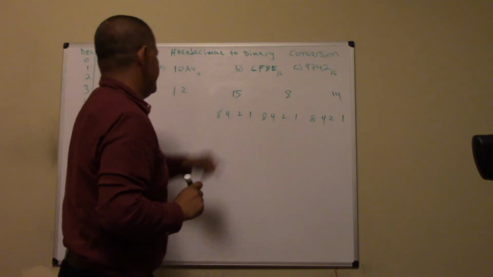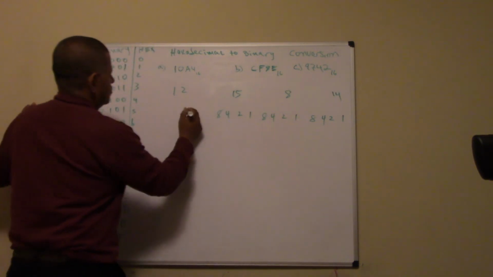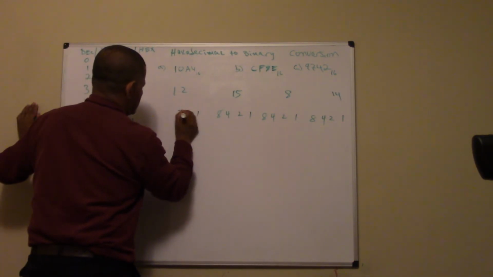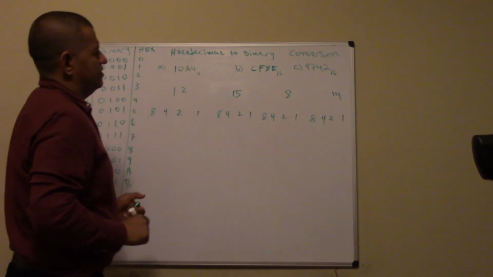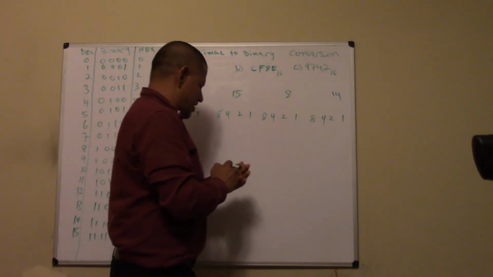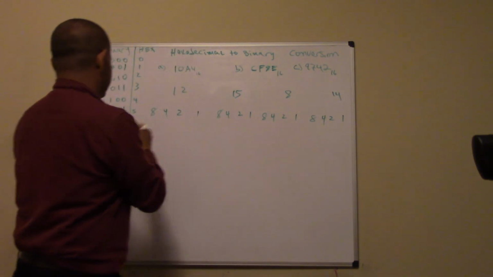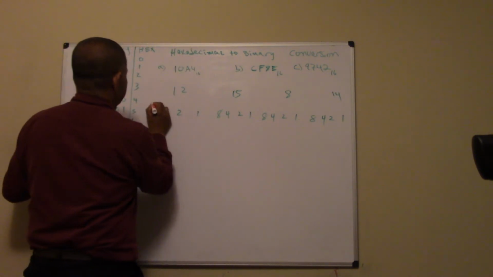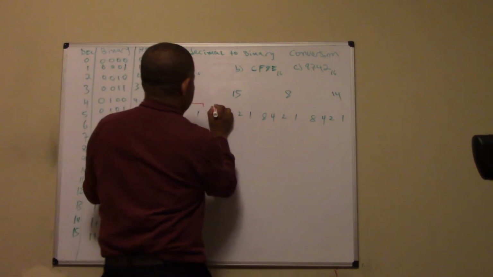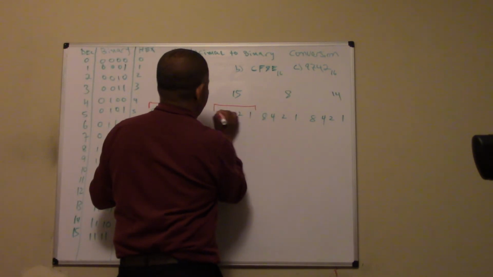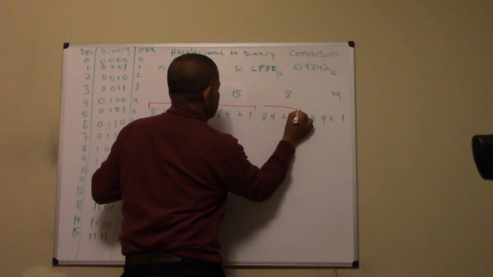That's for the 15. And I do 1, 2, 4, 8. That is for the 12. And remember these are divided by 4 bits.